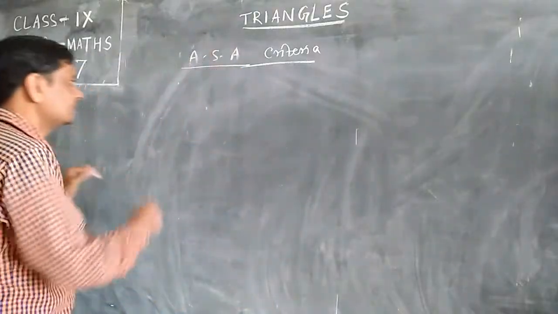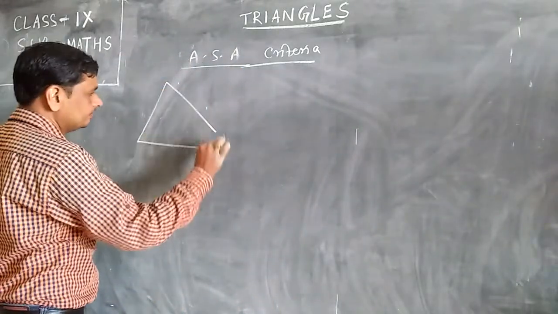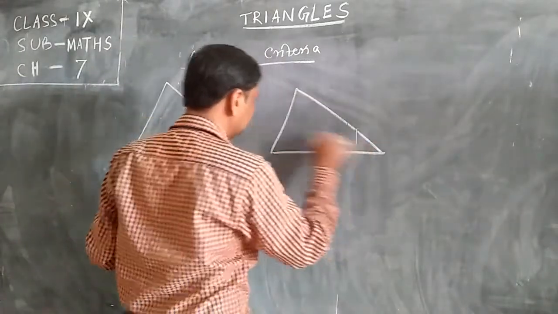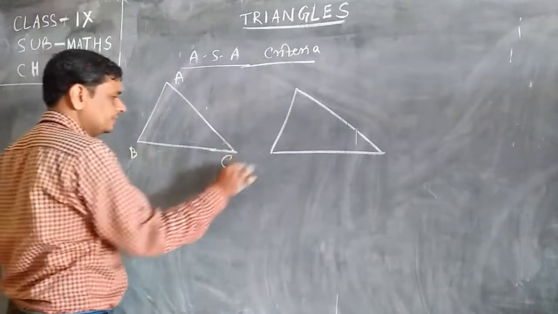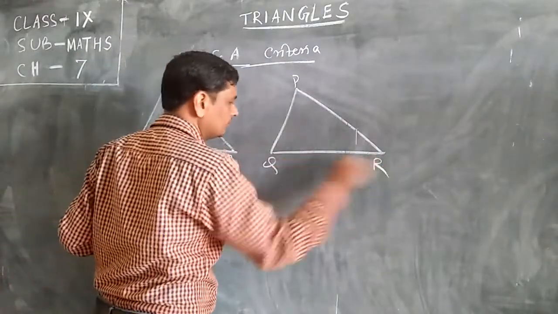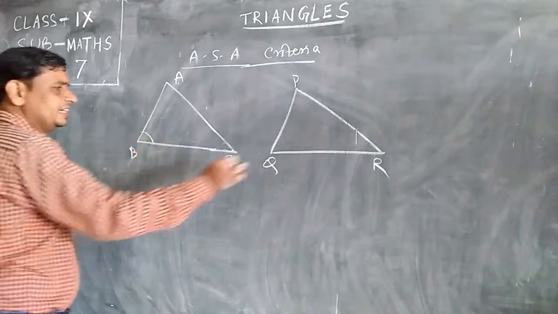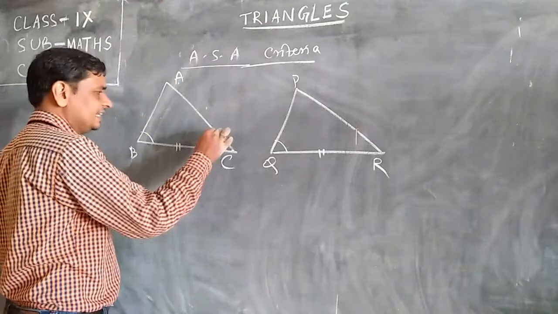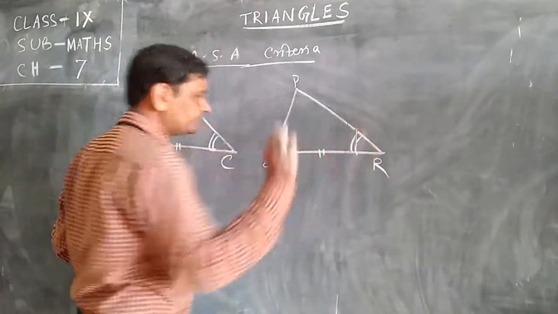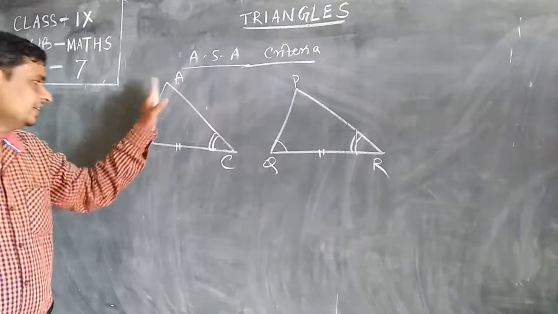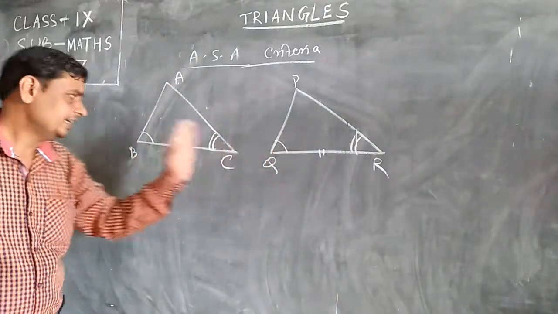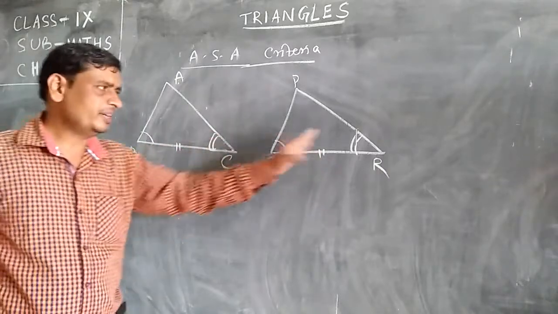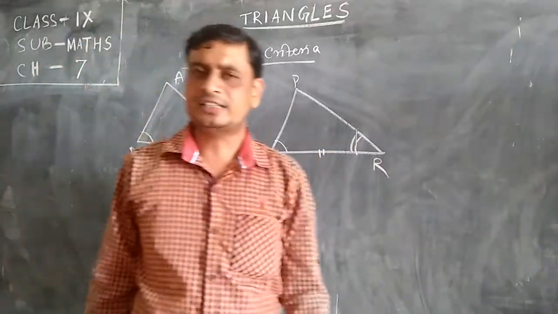Take two triangles, triangle ABC and triangle PQR, where angle B and angle Q are equal, side BC equals side QR, and angle C equals angle R. If in triangles ABC and PQR, angle B equals angle Q, side BC equals side QR, and angle C equals angle R, then we say both triangles are congruent.